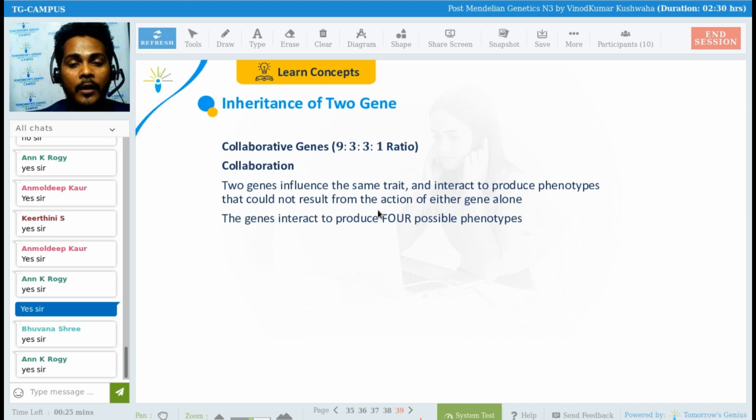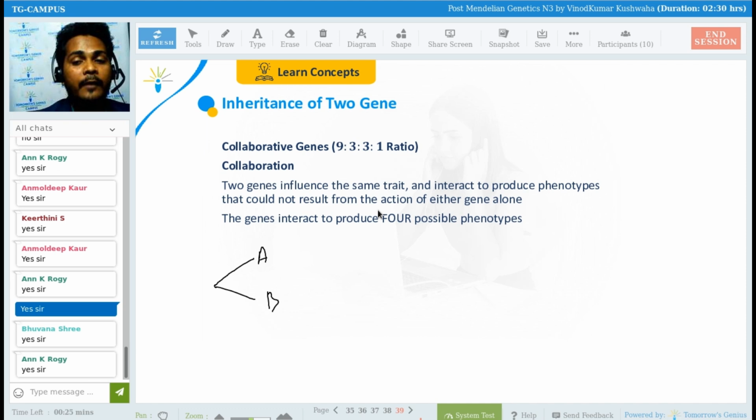Means the collaborative gene means what? Suppose there are two, A and B, which are dominant. Both are able to produce their effect if they are present in the dominant state.